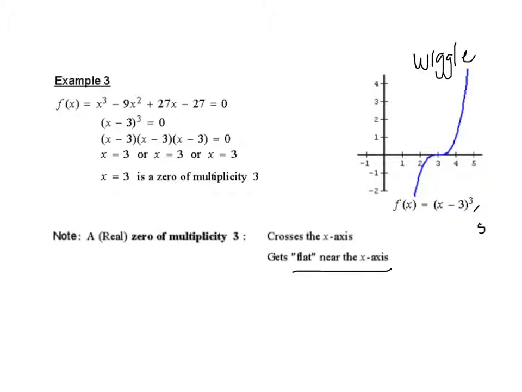You don't see those very often. But you would see this: a factor of x minus 3 times x minus 3 times x minus 3, or x minus 3 to the third power. So there would be 3 real zeros. They would count it as 3 real zeros because it's a wiggle there. So it has a multiplicity of 3. The 0 is at 3, multiplicity of 3.